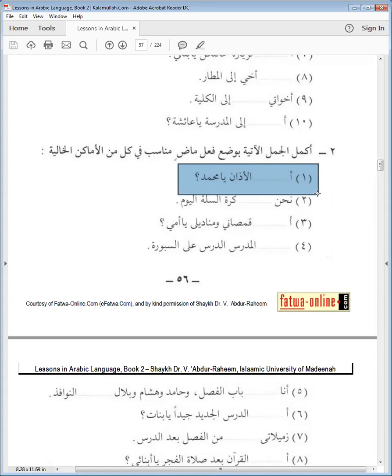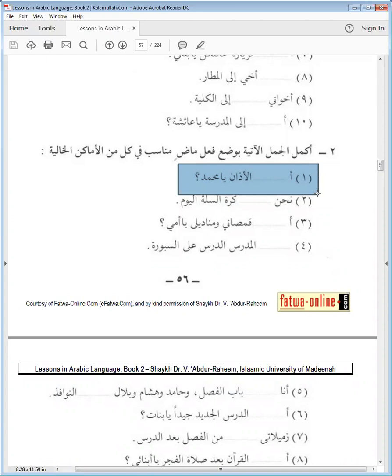Good. So if you have the verb sami'a, go back to our table. Who is being spoken to? It's Muhammad. So Muhammad is masculine singular. So therefore you use the masculine singular form of the verb. All of these so far are in the past tense. So don't worry about present tense or command form. We're dealing with past tense.